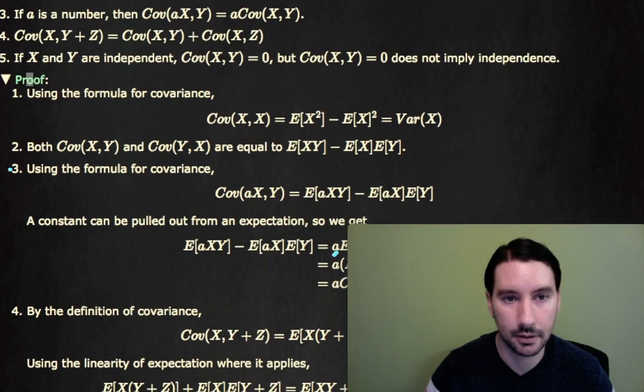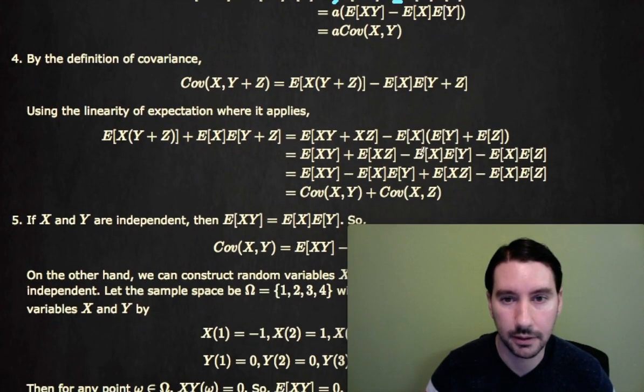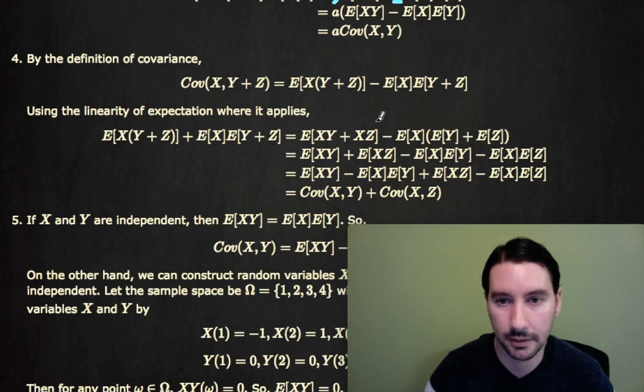So the covariance of x and y plus z, if we start with that, means e of x times y plus z minus e of x times e of y plus z. But in the first part, we can distribute the x, so e of xy plus e of xz. And then also, we can use the linearity of expectation to write e of y plus z as e of y plus e of z.